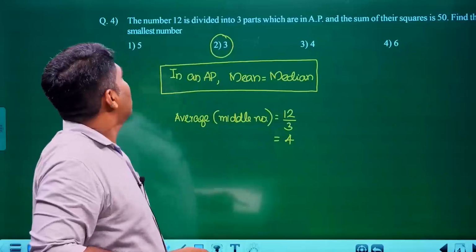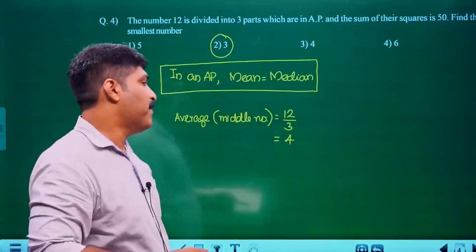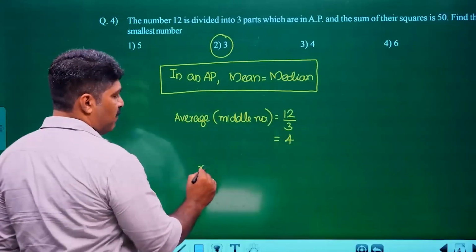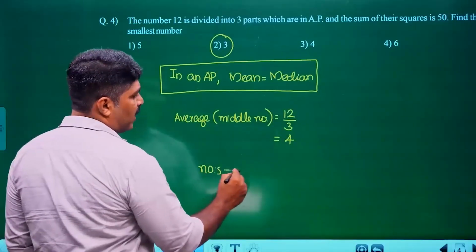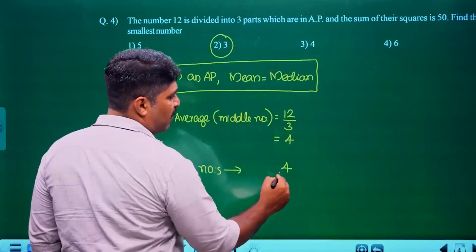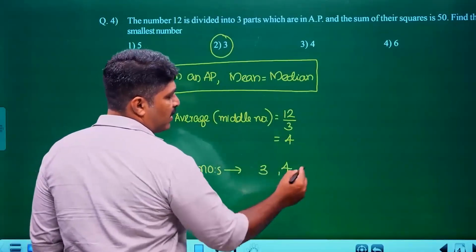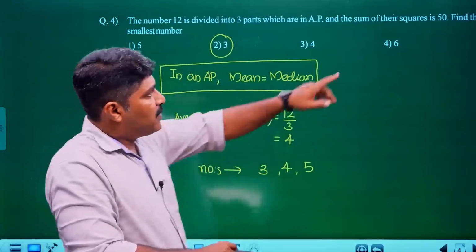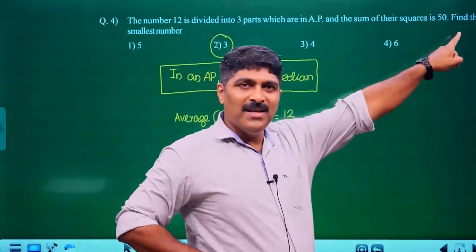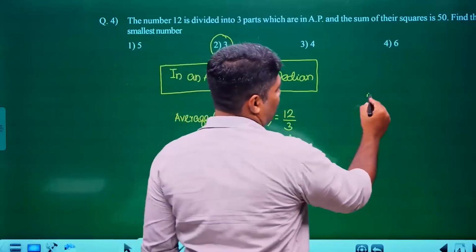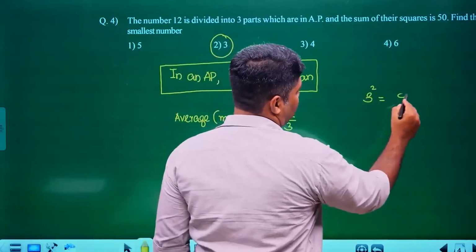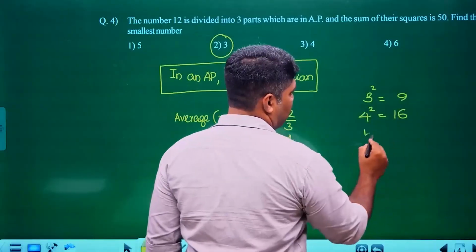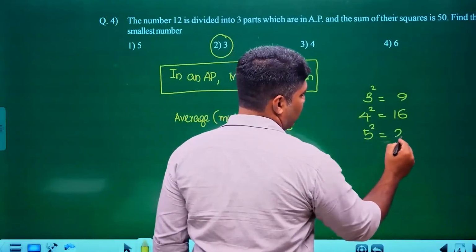We have to find the least among them. We can verify it. If the middle value is 4, the least one is 3, then the largest one is 5. Verify whether the sum of the squares equals 50. 3 square is 9, 4 square is 16, and 5 square is 25.